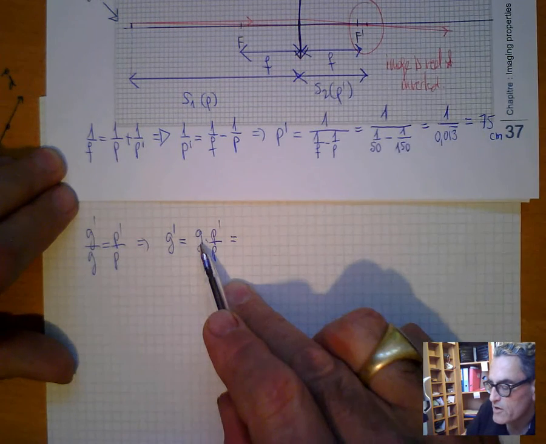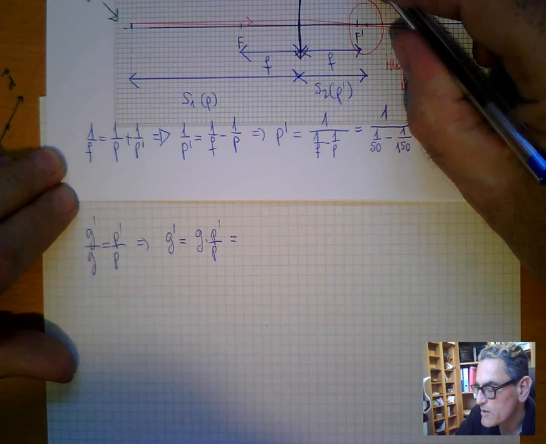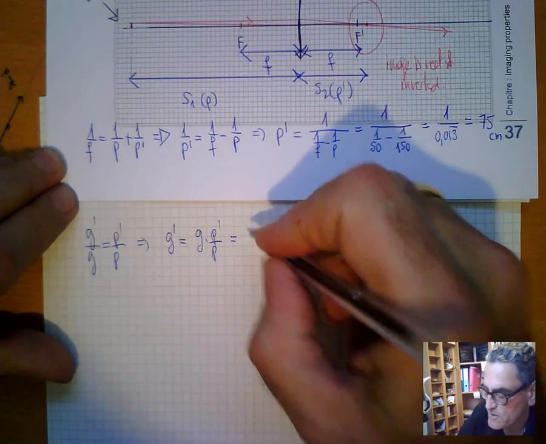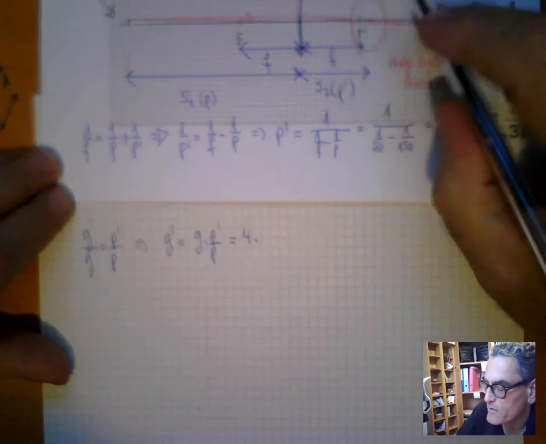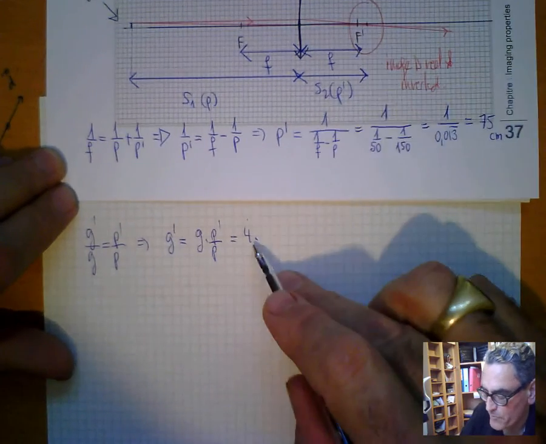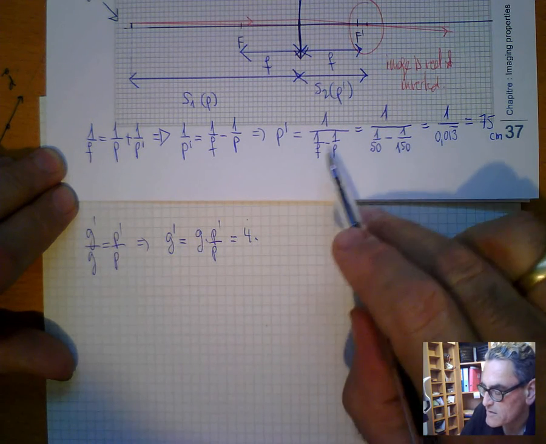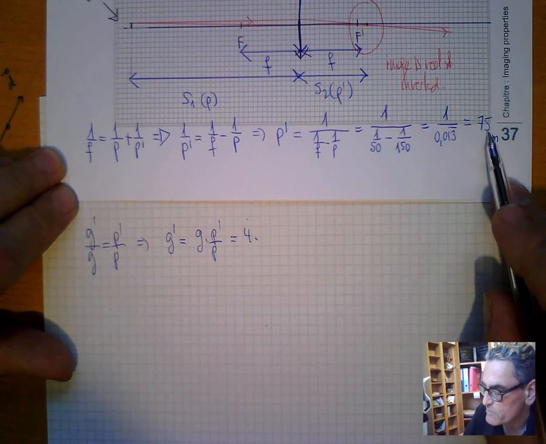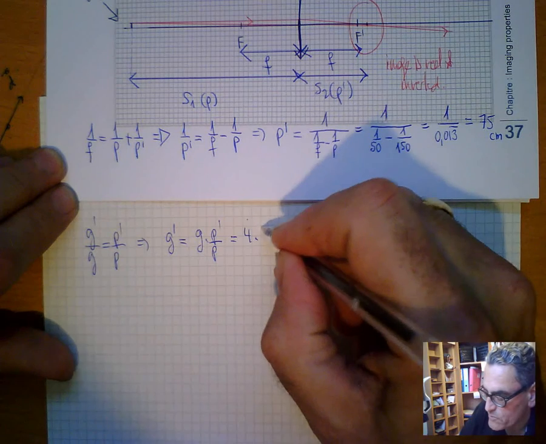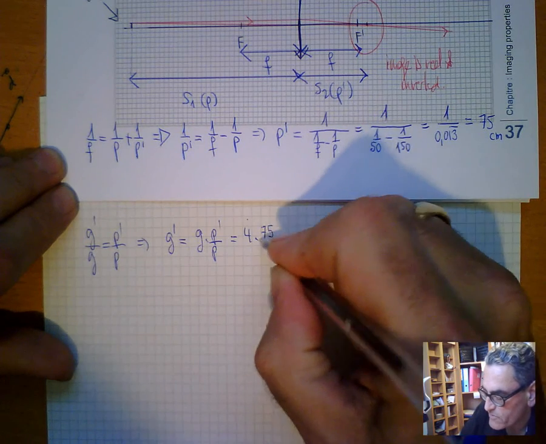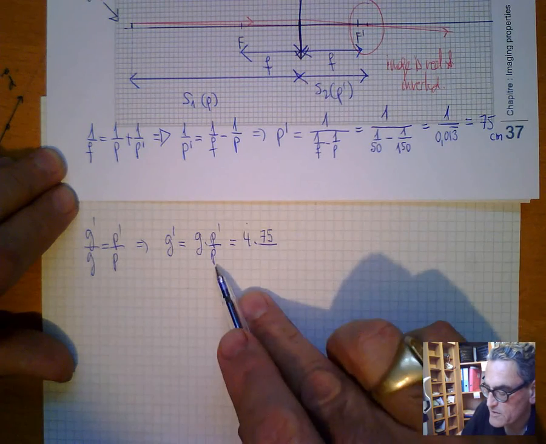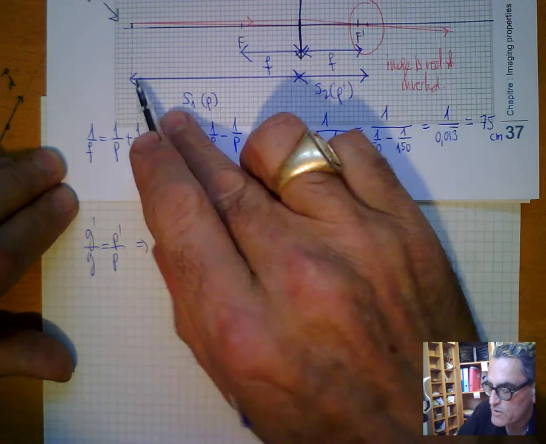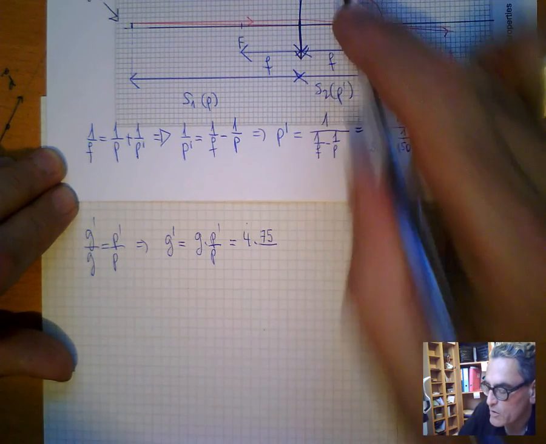G is the height of the object. So let's take the original dimensions. We have it here. G is equal to 4 centimeters. And then P prime is what? We just computed P prime. It was 75 centimeters. And P is the distance from the lens to the object. It's 150.